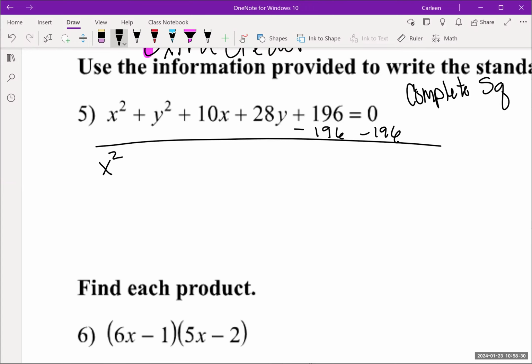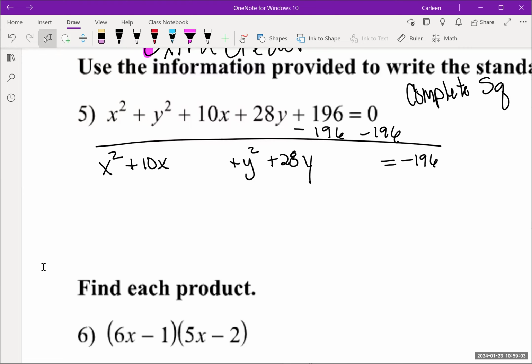I'm going to put my X's together, leave a gap, then put my Y's, leave a gap, and have -196. Check my work. Did I make any mistakes? Did I leave anything out? Oh, in my other video, I left the 196.